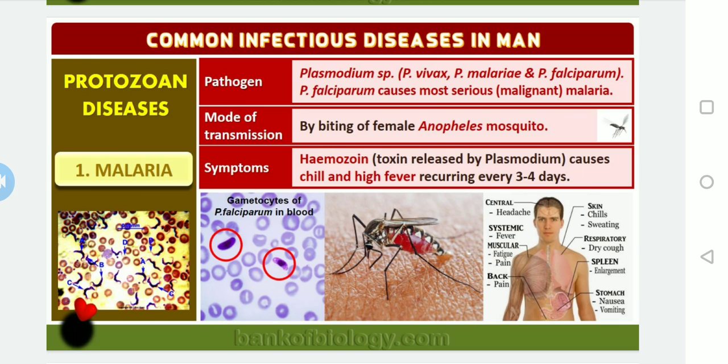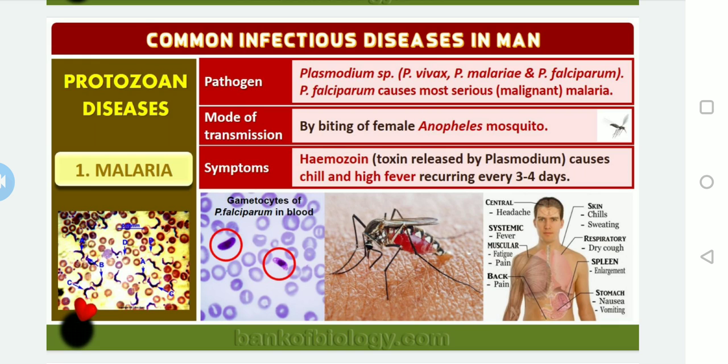The malignant malaria is the dangerous one, and it may cause death also. That is nothing but malaria caused by Plasmodium falciparum. It is fatal, which means it may cause death. Generally the organs affected because of malaria are the liver and the RBCs, with destruction of the RBCs due to the infection.